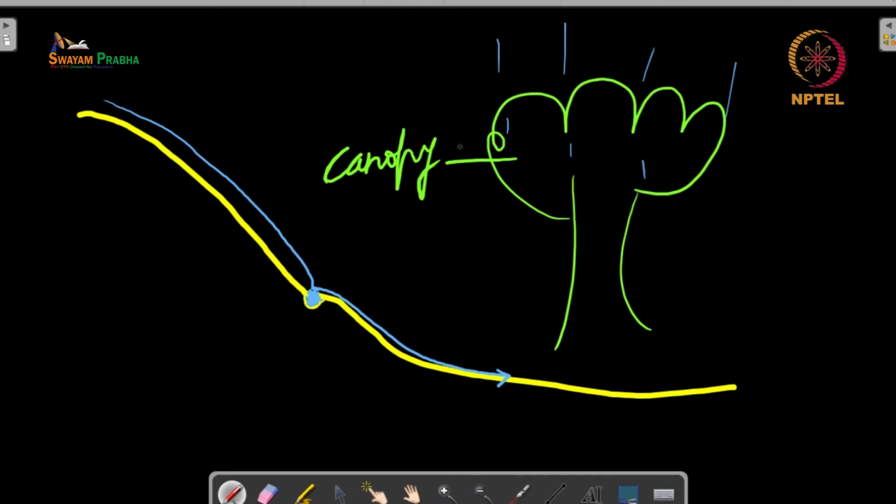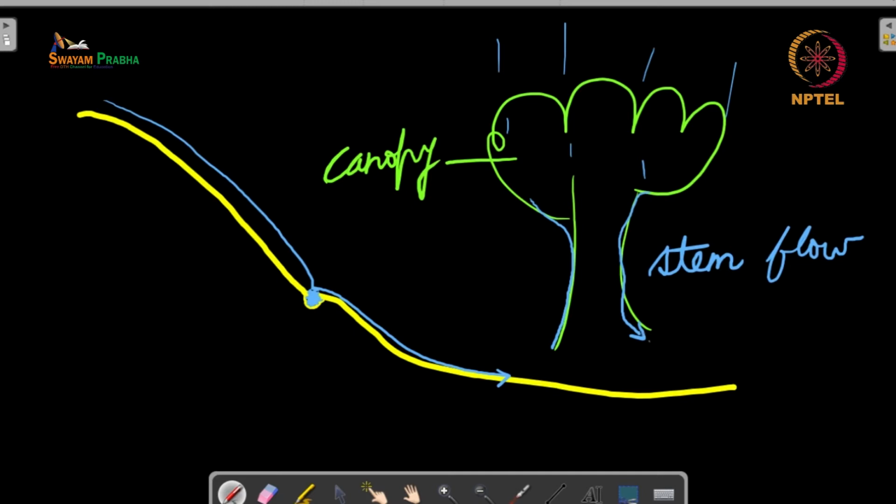These leaves and the branches hold the water, and after some time this water will start to move through the bark and through the stem of this tree in a process that is known as stem flow, and then it will reach the ground.